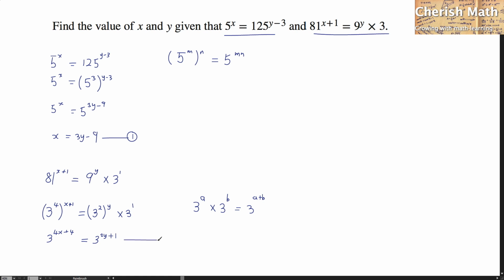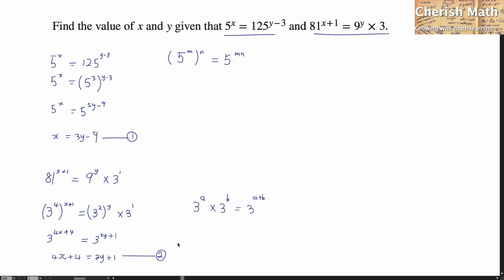This is known as our second equation. There's one more step to go. We need to pick up the power, which is 4x plus 4, equal to the power here, 2y plus 1. And this is the second equation.